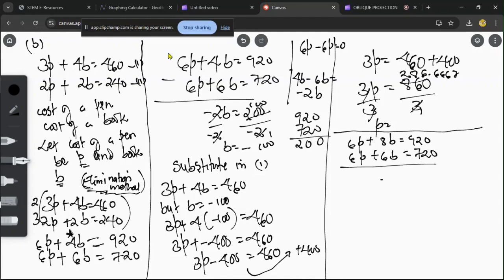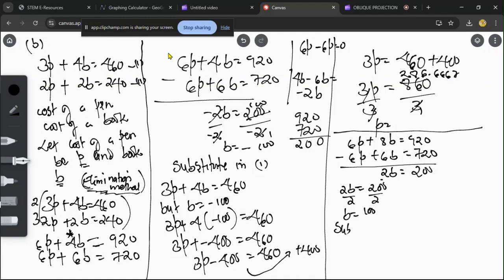So if I eliminate this, it will be 0, no need of writing. Then this is 8 minus 6. I'm subtracting here. It will be 2b is equals to 200. So 2b is equals to 200, divided by 2, by 2. So our b is supposed to be 100. Good. So this is what now I'll substitute in the second equation, or in equation 1.